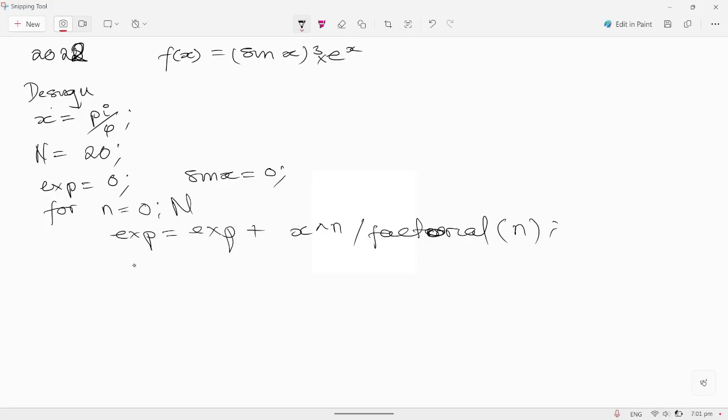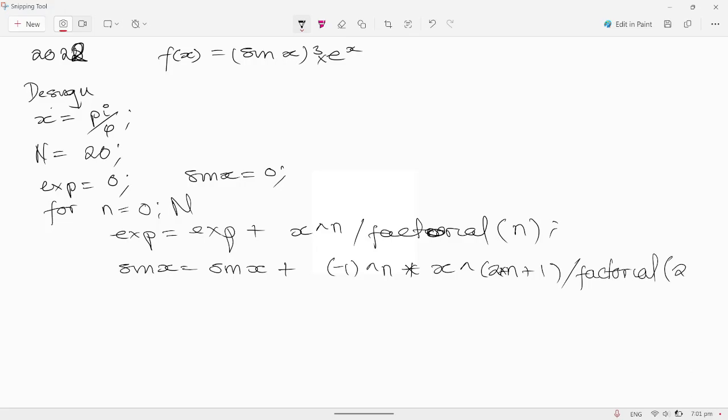And for sine x, sine x is equal to sine x plus negative 1 to the power n times x to the power 2 times n plus 1 divided by factorial 2 times n plus 1.